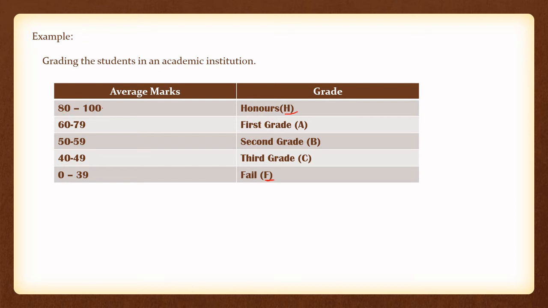So at first you have to check this condition. If it fails, you check the second condition. If that also fails, you check the next one, and then the next. Considering these things, we can implement these operations effectively by using an else if ladder.